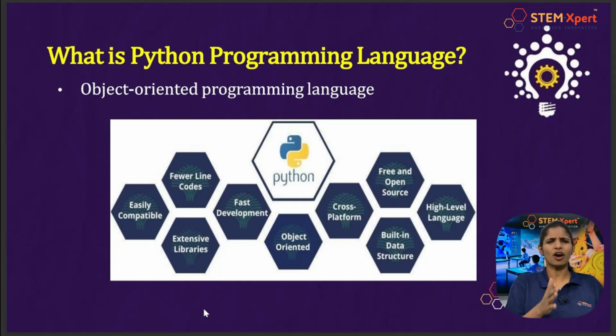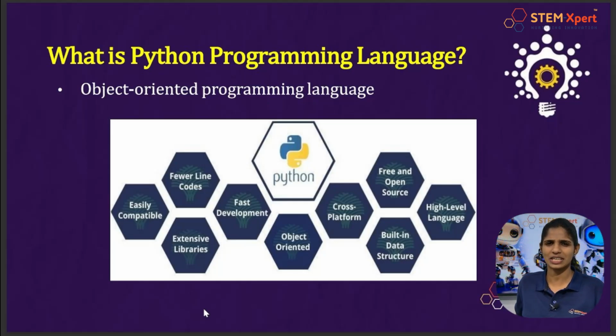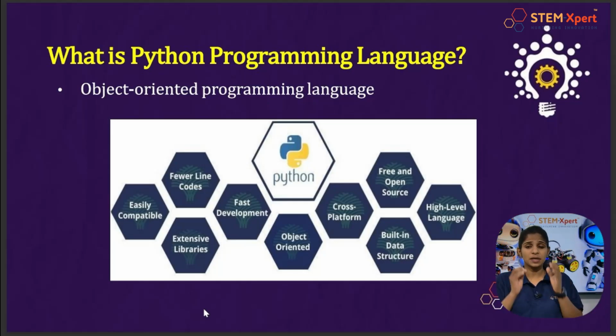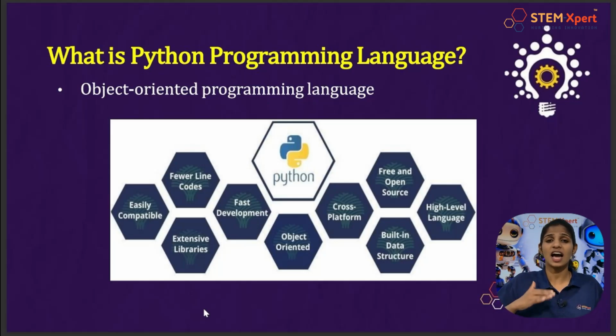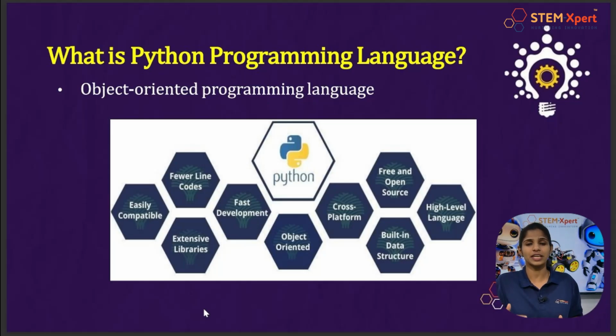How many of you have heard this topic before, Python? Oh, seems interesting to see that some of you have heard about this language, right? Yes, good, great. Speaking about Python, Python is a simple, general purpose, high level and object oriented programming language. Yes, Python has fewer lines of code, it is easily compatible, and it is free and open source.